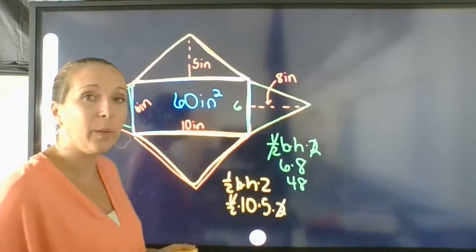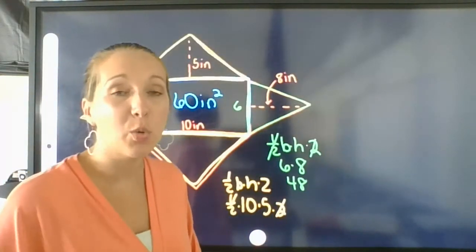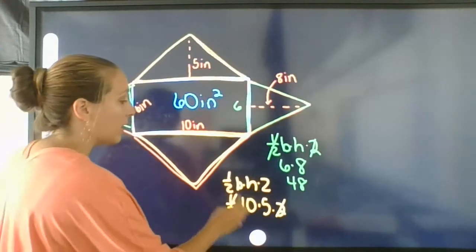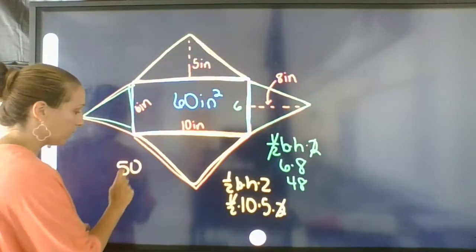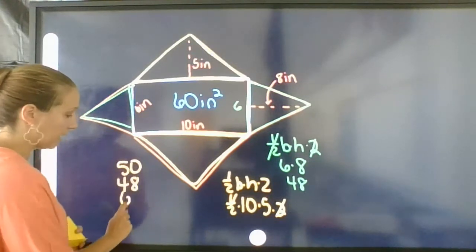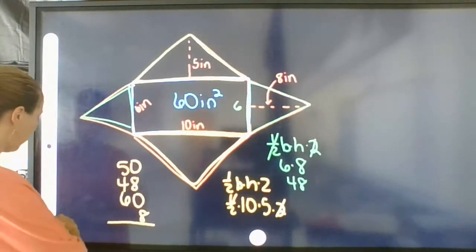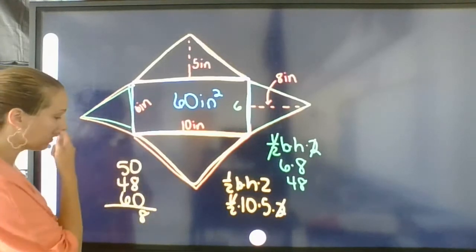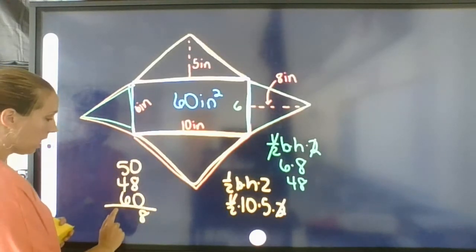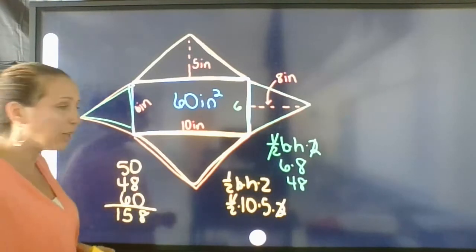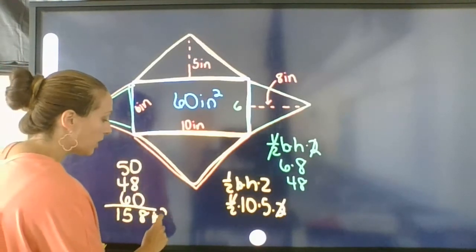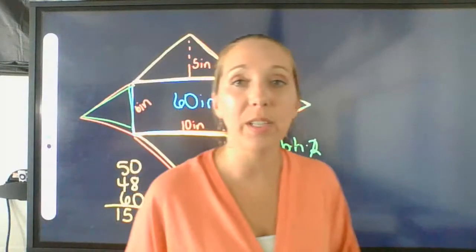So basically here we have 50 for both, or 25 for each. So then we can add up 50, 48, and 60. So we get 158 inches squared, because again, we're doing surface area.